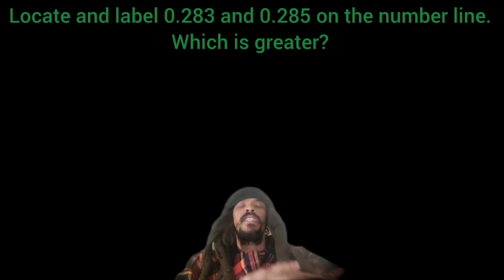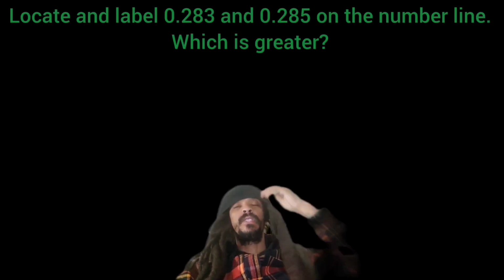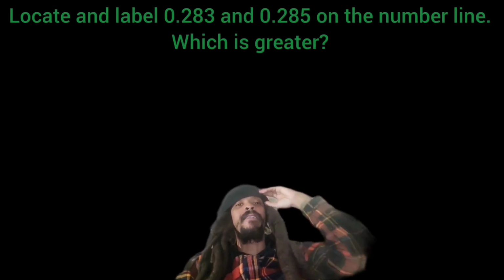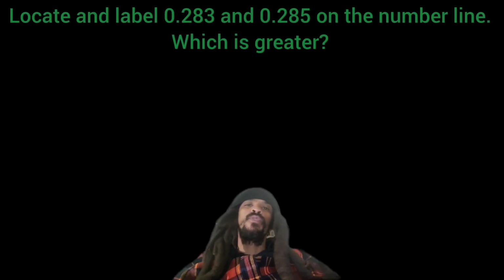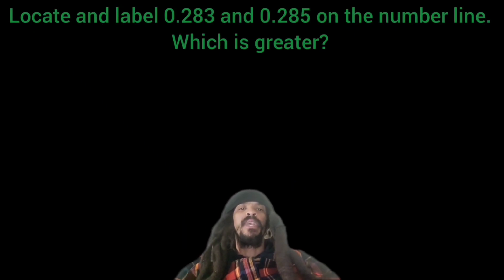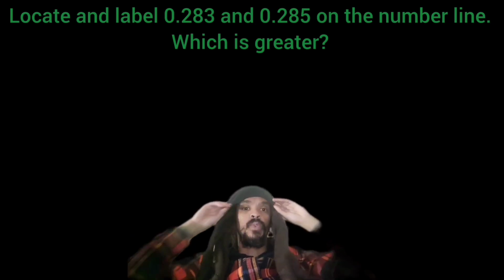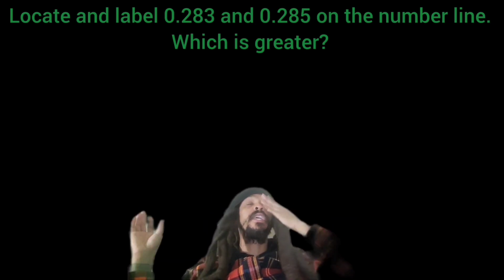All right, on this next one, we're going to locate and label 283 thousandths and 285 thousandths on the number line, and then figure out which one is greater. So this one, it will probably be in our best interest to consider what to put as our beginning and ending numbers.